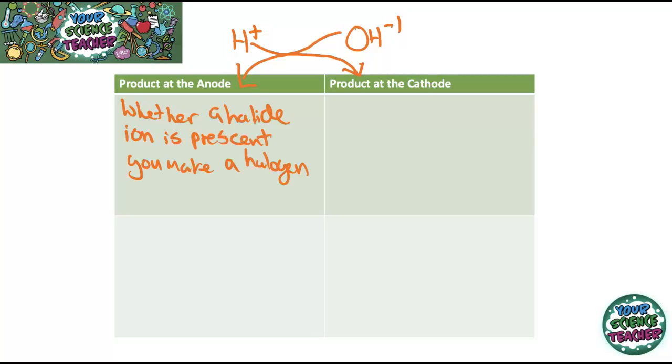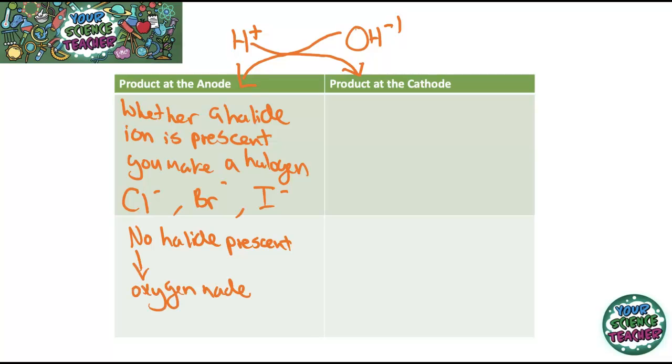For example, if you had chloride, you would make chlorine. If you had bromide, you would make bromine. Or if you had iodide, you would make iodine in your electrolysis. However, if you have no halide present, what you make instead is oxygen.